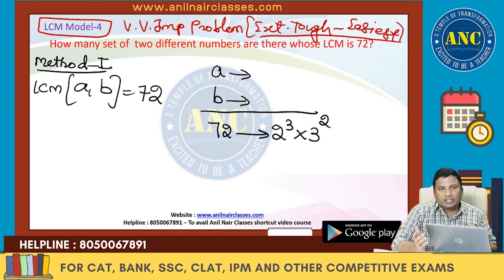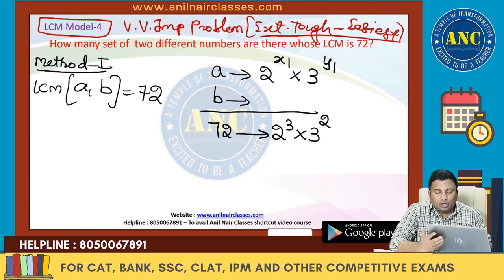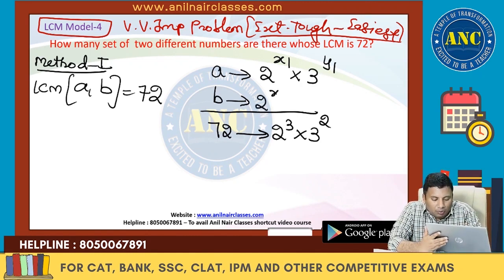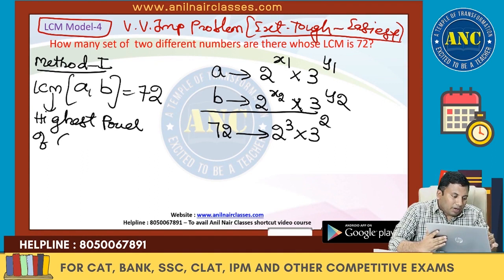The answer contains prime bases 2 and 3, so the question should also contain 2 and 3: 2 power x1 into 3 power y1, and 2 power x2 into 3 power y2. LCM means the highest power of the given prime bases.